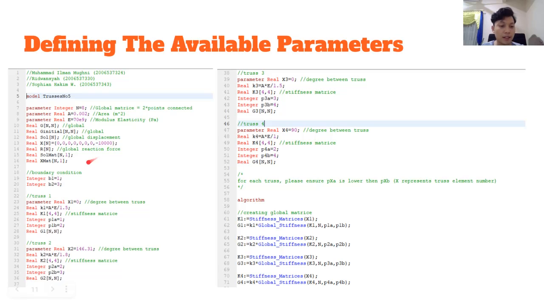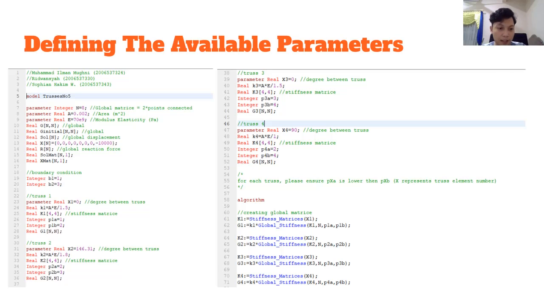And after that, we make the boundary conditions at nodes 1 and 3, as I mentioned before, and define the equation for each element or each truss like this. Since we have a total of 4 trusses, we just make the equations for those 4 elements.